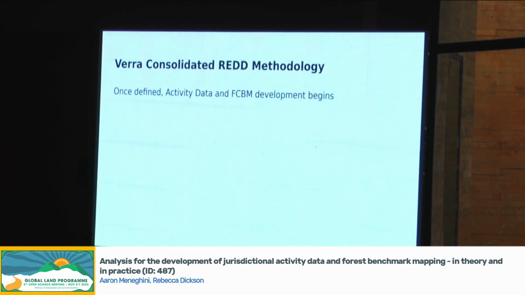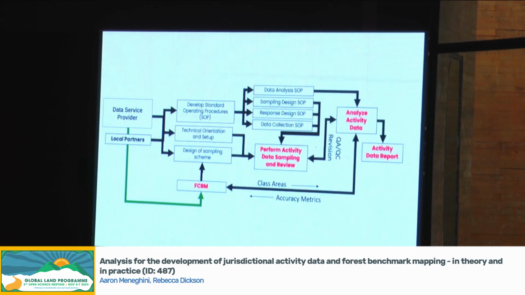So, now that we've defined perhaps what a forest is, we can actually begin developing our activity data and our FCBM. You might have a workflow that looks something like this, where you as the data service provider, in conjunction with perhaps a local partner, hopefully a local partner, will work on developing some standard operating procedures that will cover your data analysis, your sampling design, your response design, data collection, and your sampling scheme.